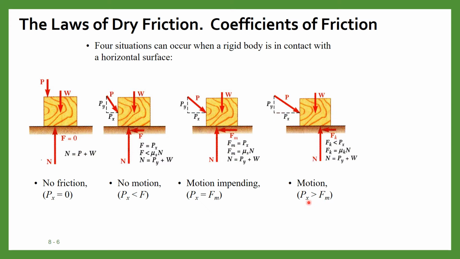In that case Px is greater than the frictional force. So when there is no motion, Px is less than the frictional force. When motion is just about to start, the applied force is equal to the frictional force, and when motion has started, the applied force is greater than the frictional force.